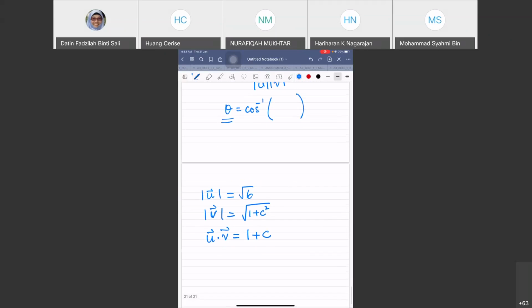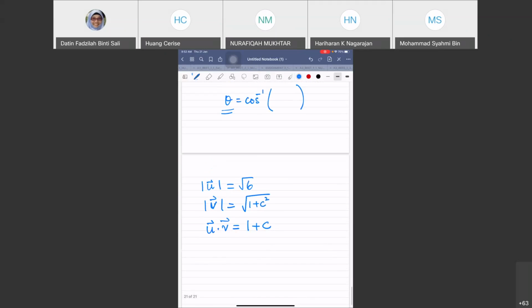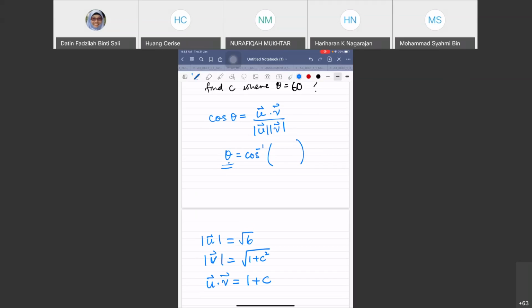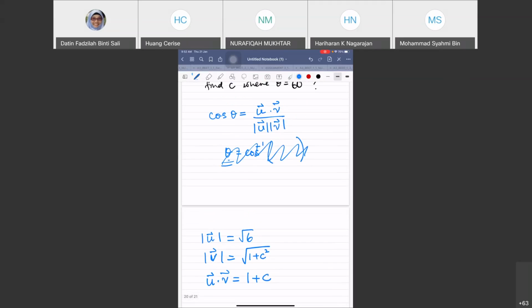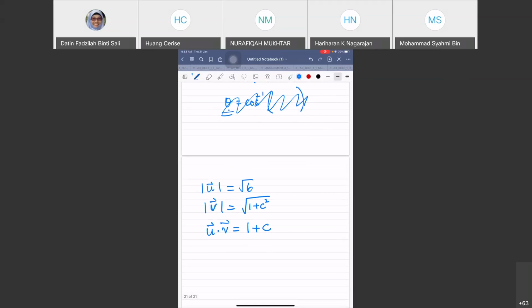Okay, so basically what you want is not this one. You can just use cosine 60 straight away, which means 1 over 2. Or maybe I can just write it like this: u dot v over magnitude of u, magnitude of v, equals cosine theta.